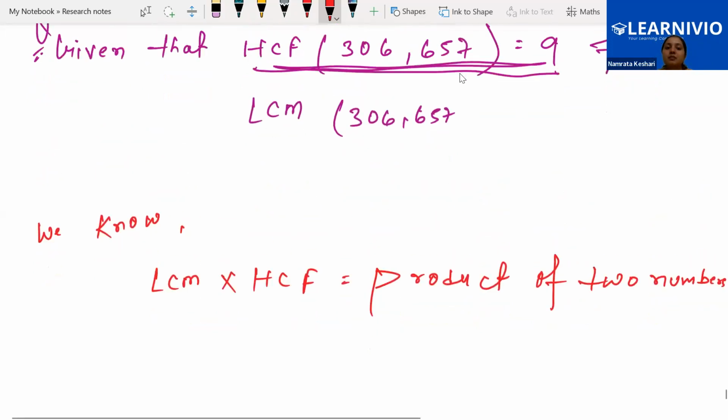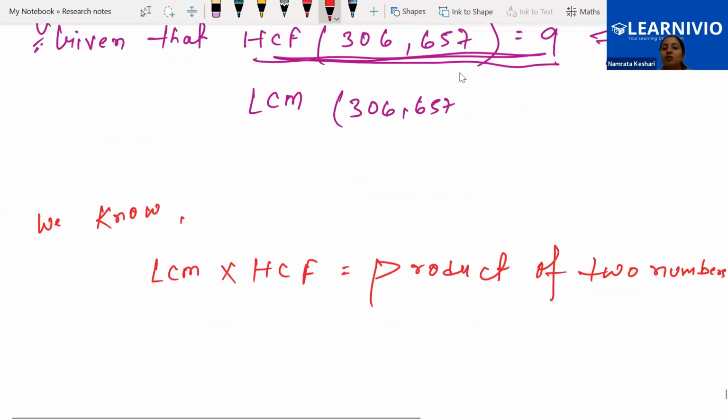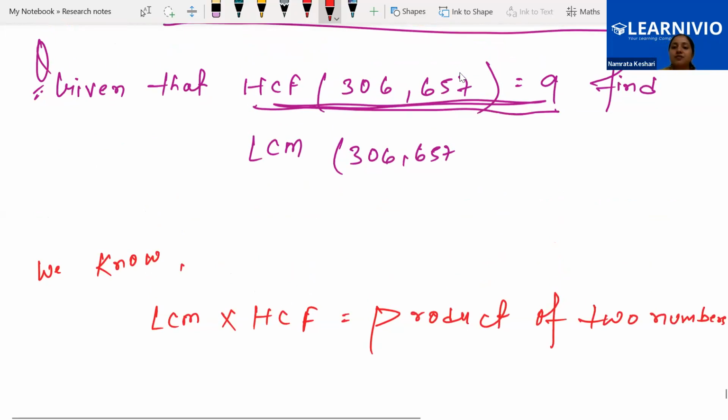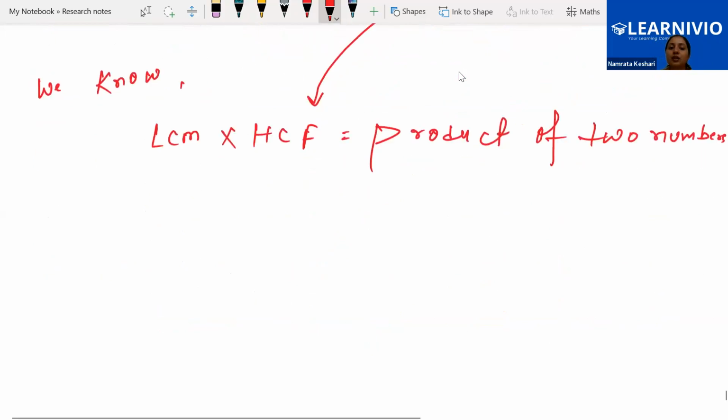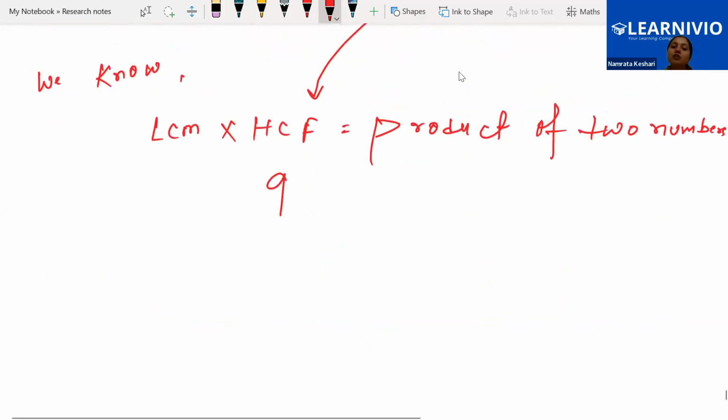So LCM, we don't know. HCF is given as 9. We are going to substitute this value over here.